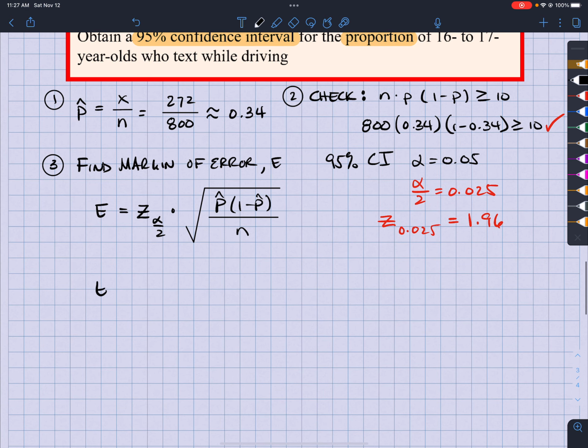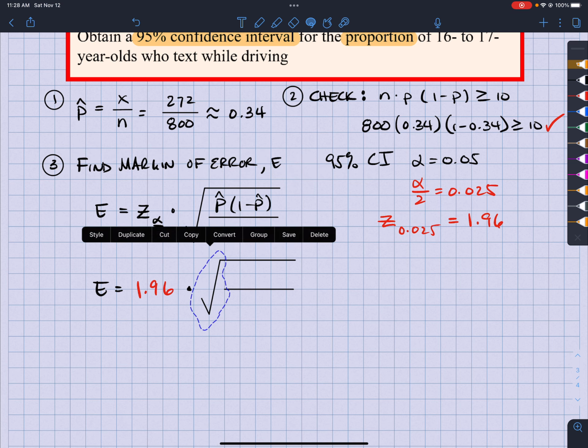So the error is equal to 1.96 times the square root of, I did not want to throw that out, I just wanted to multiply this.